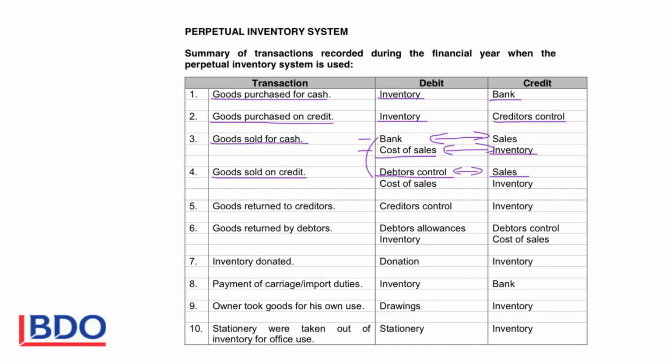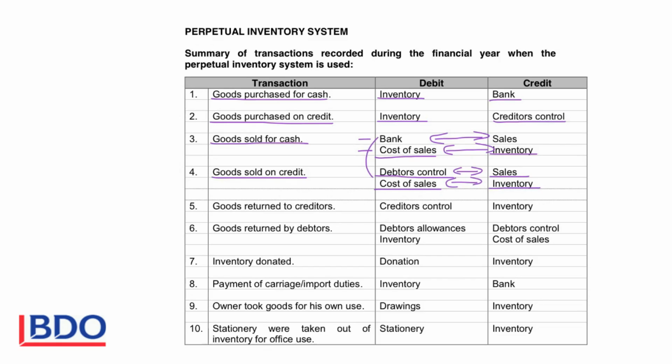So those two must be your double entry. Then cost of sales will be increased on the debit side at cost price to show what is the cost price of the inventory that was sold, and our credit inventory to indicate that we have less inventory.